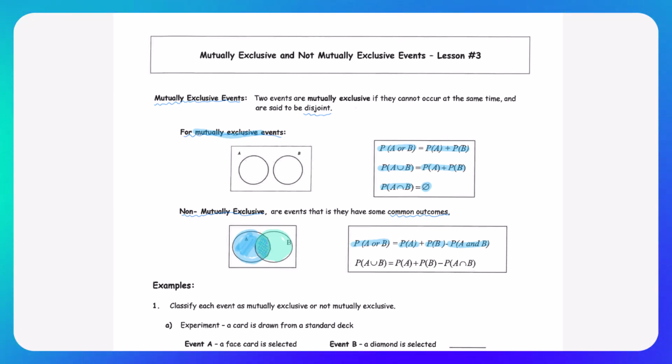So that's why the probability of A or B equals the probability of A plus the probability of B, again minusing the intersection. We want to minus that one so we don't count it twice.